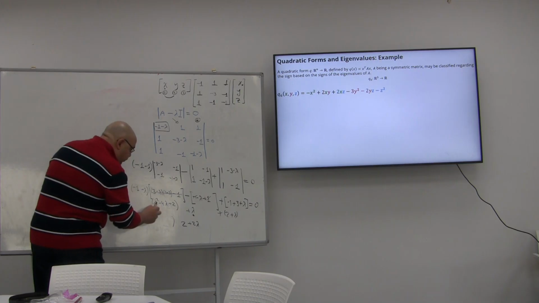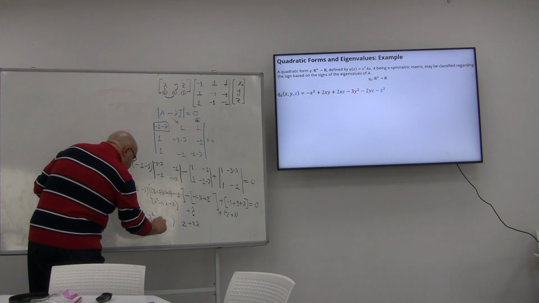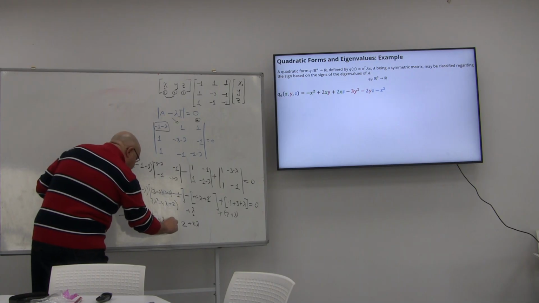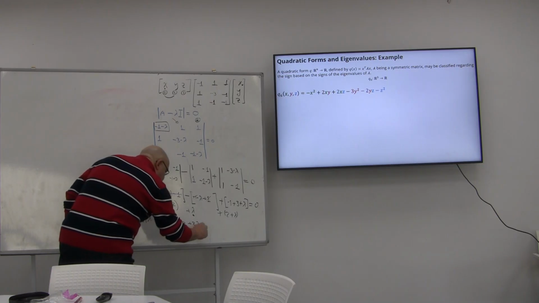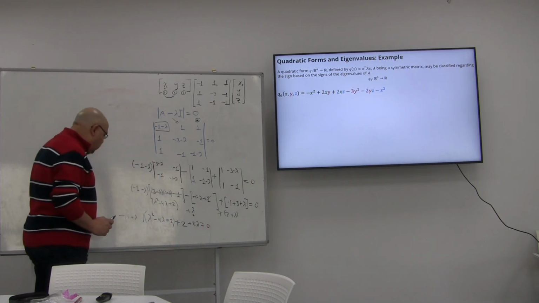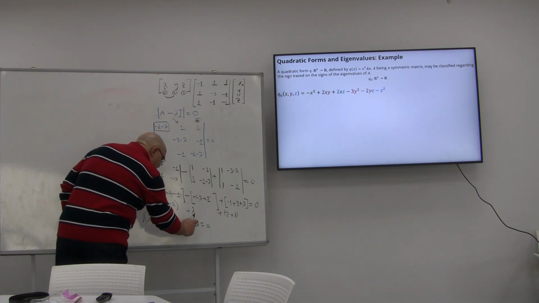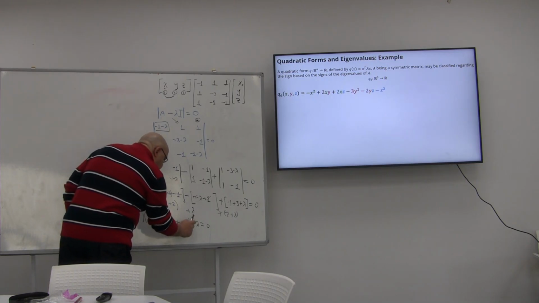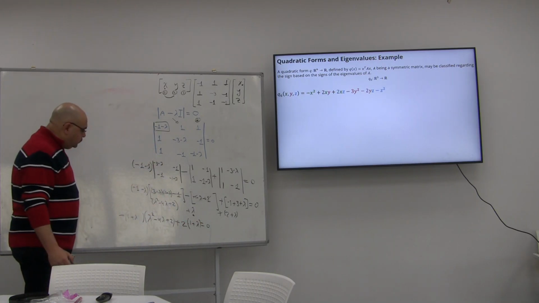For this guy, I have now negative of 1 plus lambda. This is going to be, if we try to factorize it or leave it for the time being, negative 2 minus 4 over lambda plus 2. This is going to be a plus equal to 0. I can see here I have 1 plus lambda, so if you take 2 as a common from these two guys, I will have 1 plus. Are you with me?